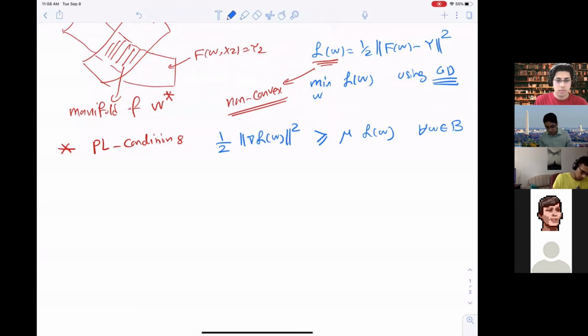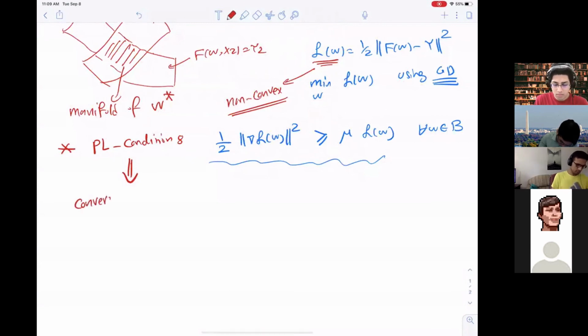So if my loss function satisfies this inequality, then I would say that loss function satisfies the mu-PL condition. And at the end of the previous lecture, I stated the exact theorem that when we have the PL condition, we would get convergence of gradient descent under the assumption that our loss satisfies the PL condition and some other assumptions.